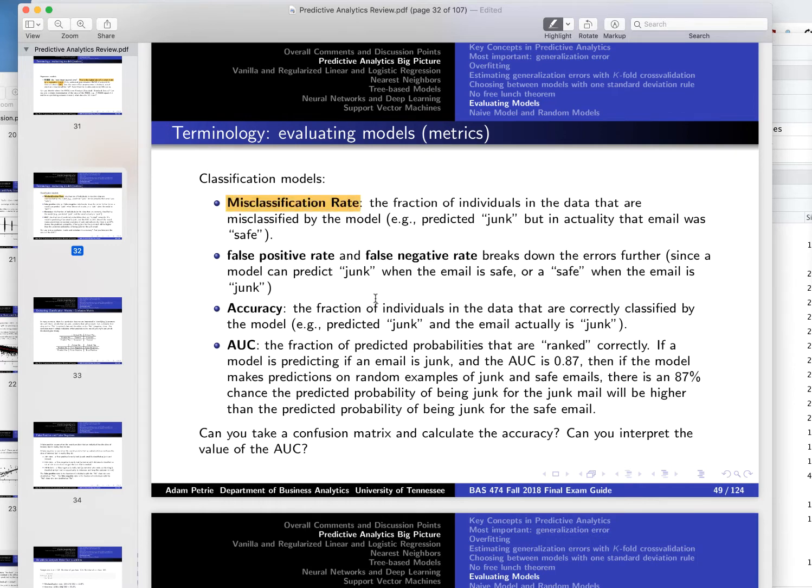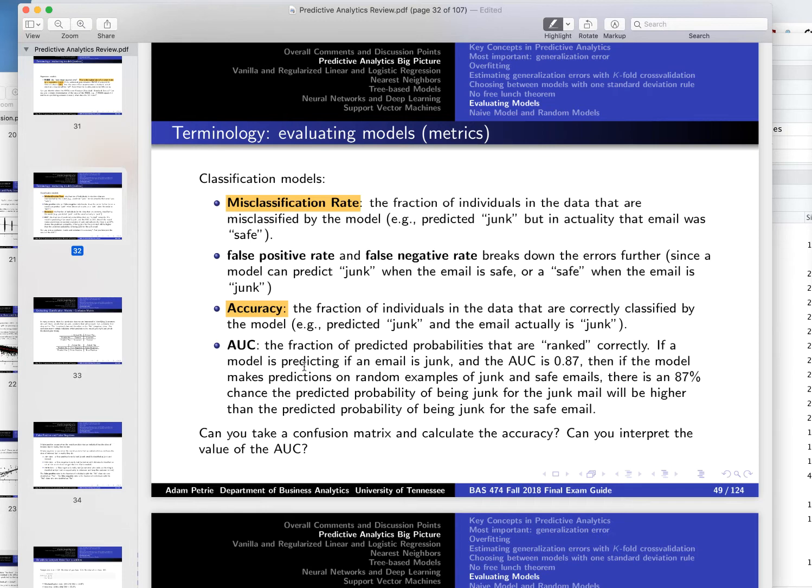If the model makes 1,000 predictions, what fraction of them are incorrect? That's the misclassification rate. And the accuracy is the fraction of those 1,000 predictions that it gets correct. Typically models with higher accuracies are in some sense more appealing than models with lower accuracies, but there can be a bit more to the story.